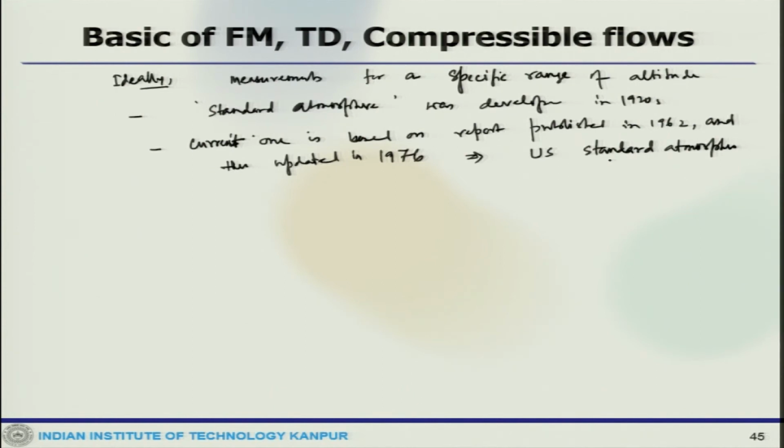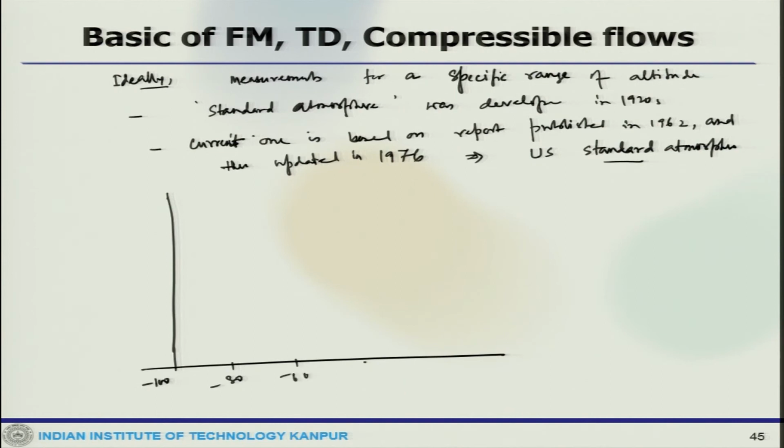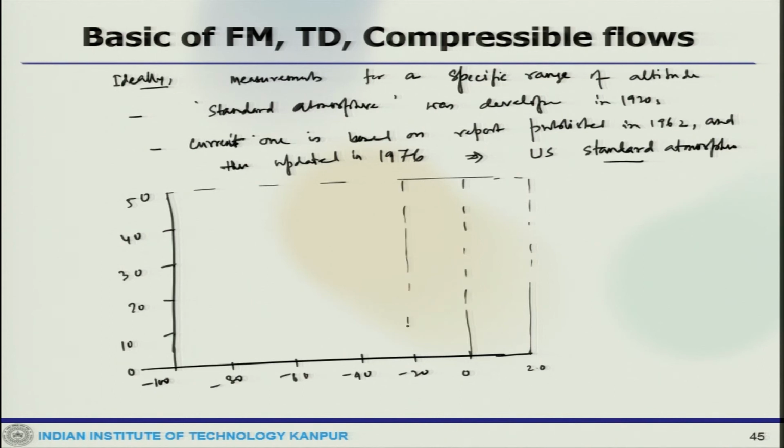In that particular chart, what one can see is, let us say, minus 100, 80, 60, 40, 0, 20 for temperature, and 0, 10, 20, 30, 40, 50 for altitude.